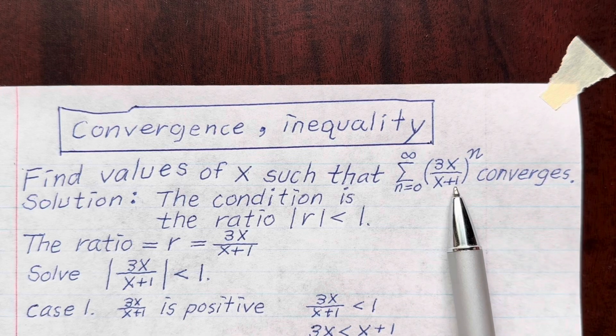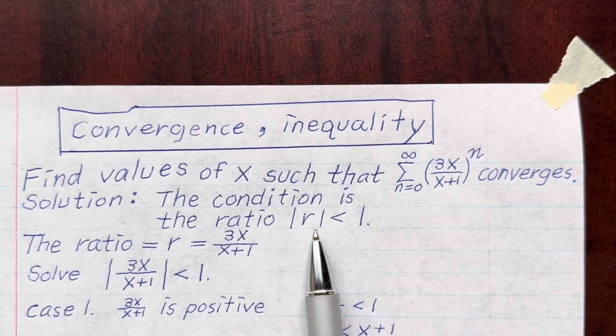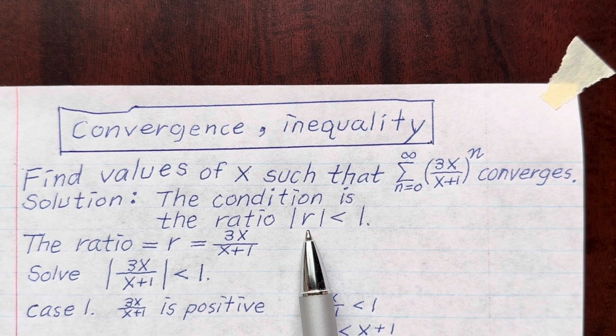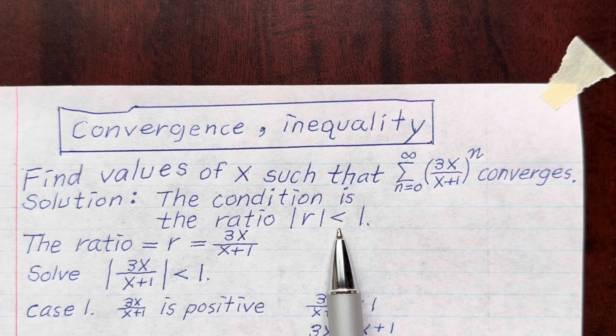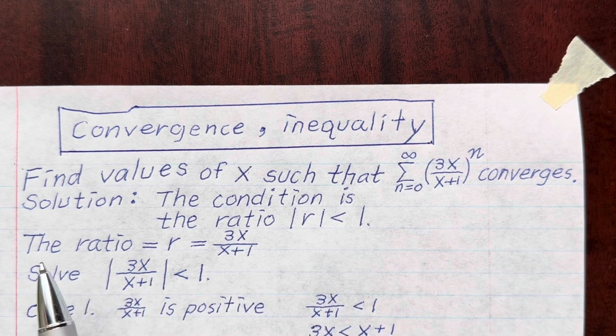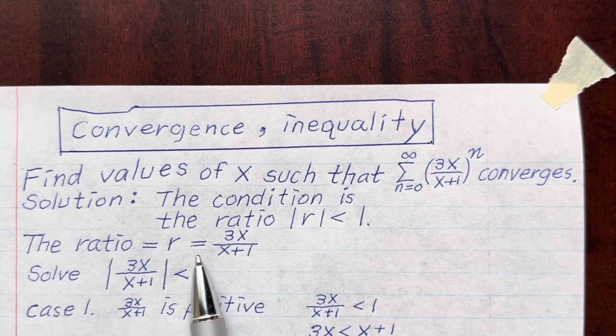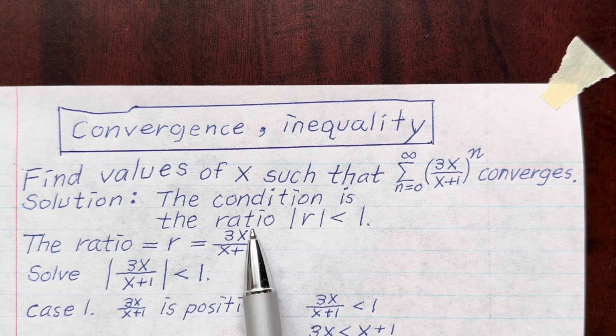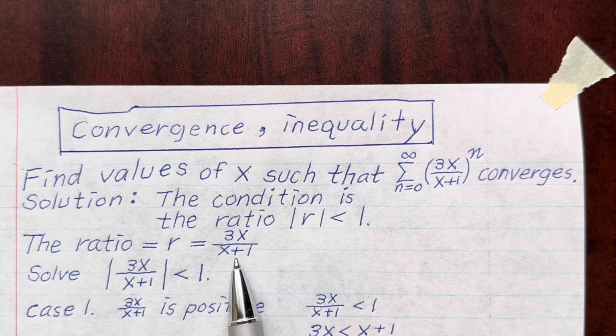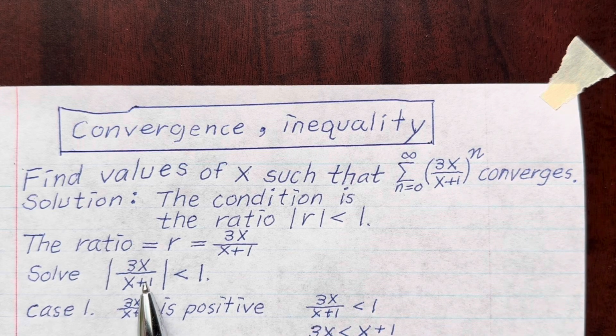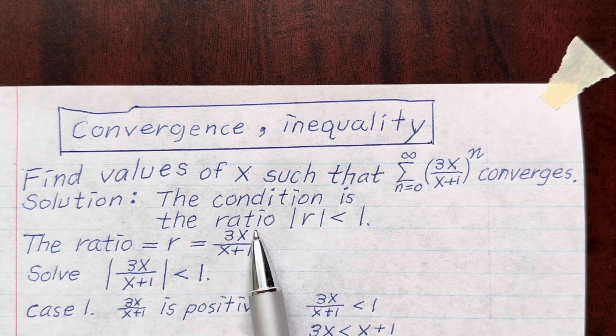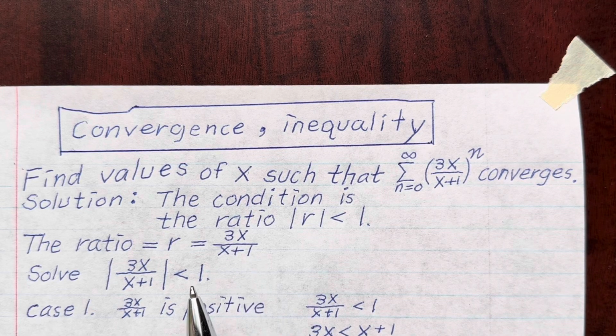What we want is the absolute value of the ratio is less than 1. The ratio R is this, and we want the absolute value of this less than 1.